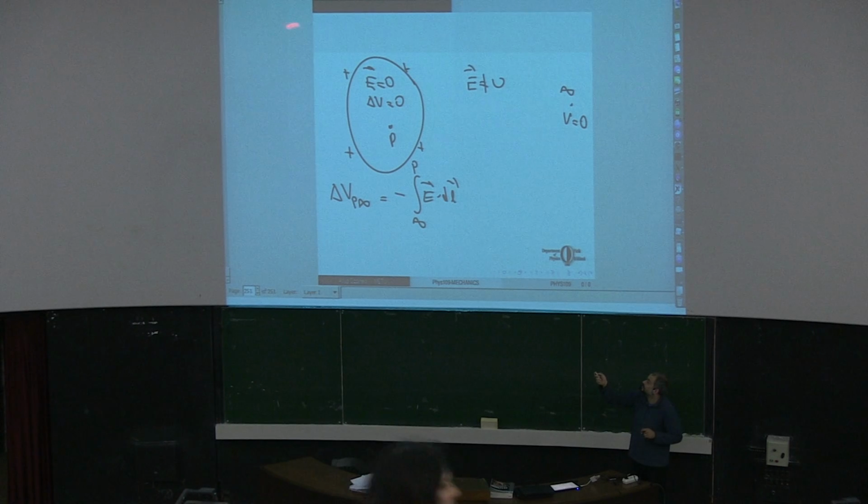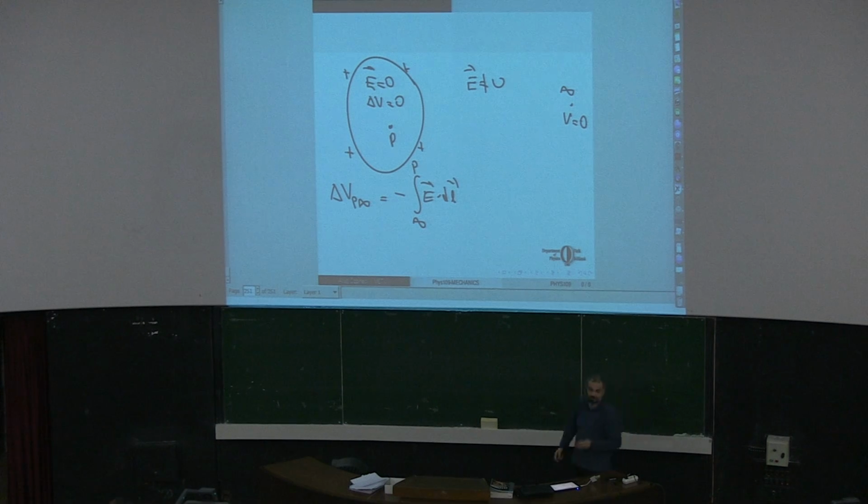In that case, the potential at infinity cannot be 0 because the difference is not 0. So you can either set the potential at infinity to be 0 or the potential inside your sphere to be 0. Both are valid choices. The conventional choice is to set the potential at infinity to be 0.